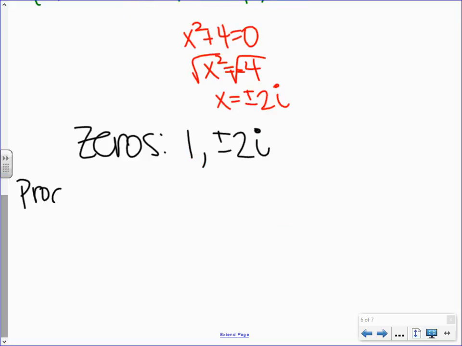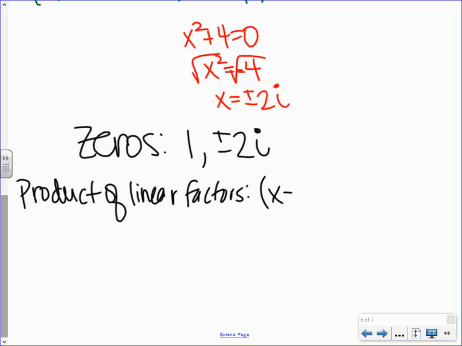When it asks you for the product of linear factors, you need to give me x minus 1 times x minus 1. It happens twice. You can write it twice or you can square it. Then x minus 2i, x plus 2i. If we multiply all 4 of those out, we would get back to where we started.